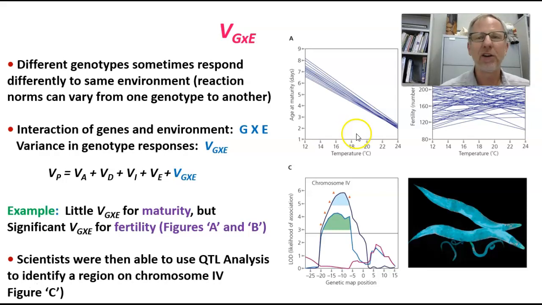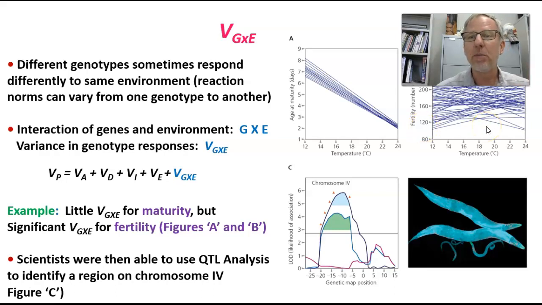And as you can see in figure A, at low temperatures, all the worms tended to have an older, longer time till age at maturity, whereas the higher temperature experiments had a younger age till maturity. So this isn't showing really any genetics by environment interaction.